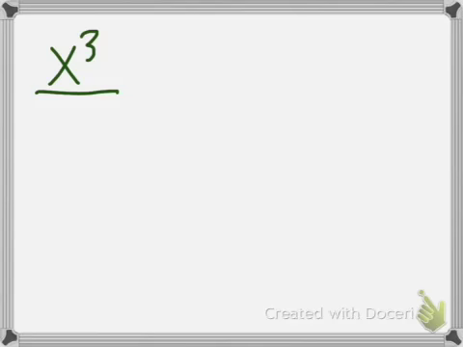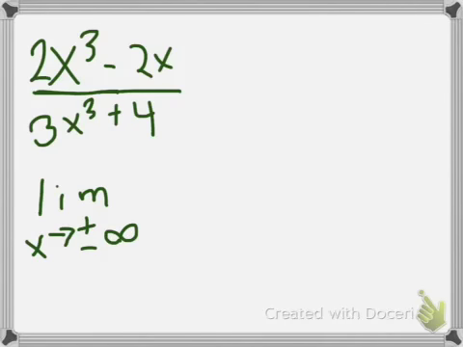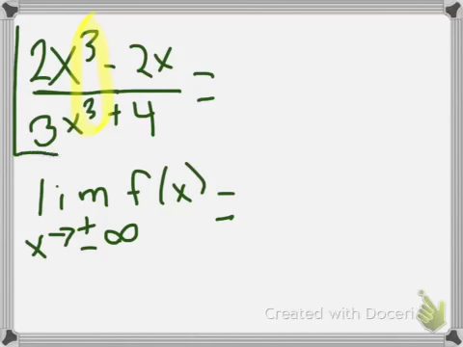If you have 2x cubed over 3x cubed, and let's just say minus 2x, and this is plus 4, and we want to find the limit as x approaches positive or negative infinity of our function, if they have the same highest degree, your limit will equal the coefficients in front.